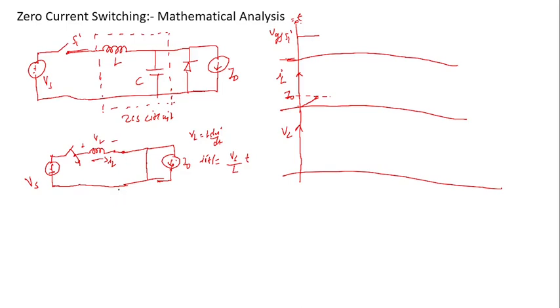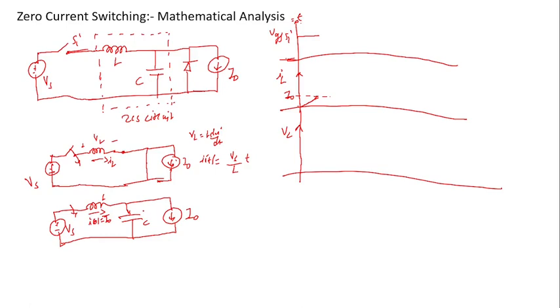After that, once it has reached the inductor current, the capacitor comes into action like this. Here the initial condition was I naught, and the capacitor becomes the action.